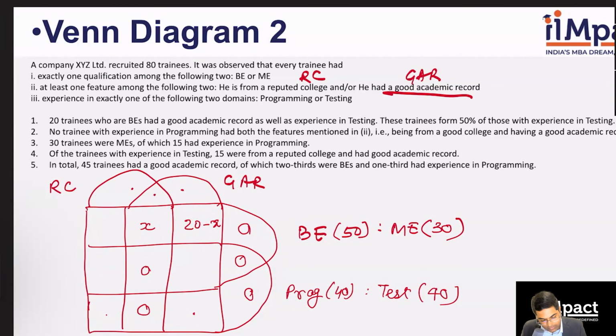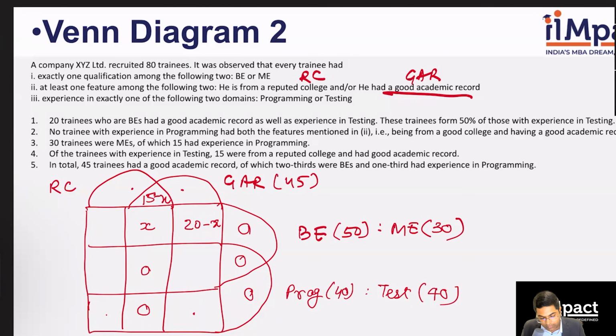Of the trainees who had experience in testing, which is my top part, 15 were from a reputed college and had a good academic record. So this part becomes 15 minus X. In total, 45 trainees had a good academic record, of which two-thirds were BEs.